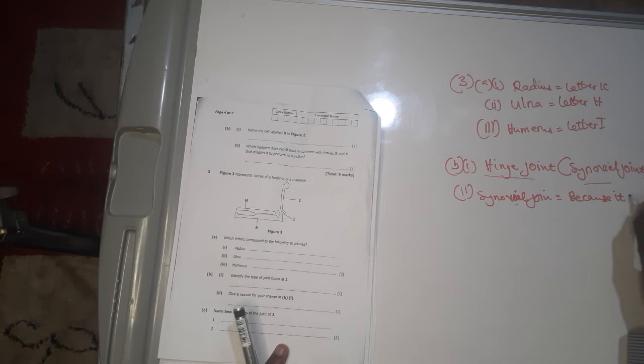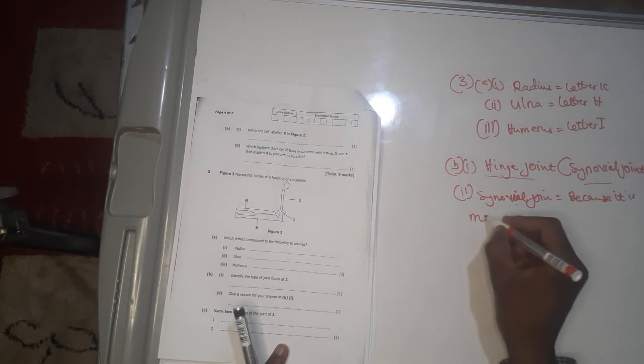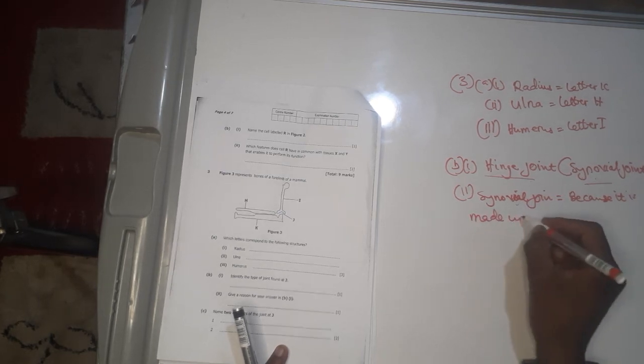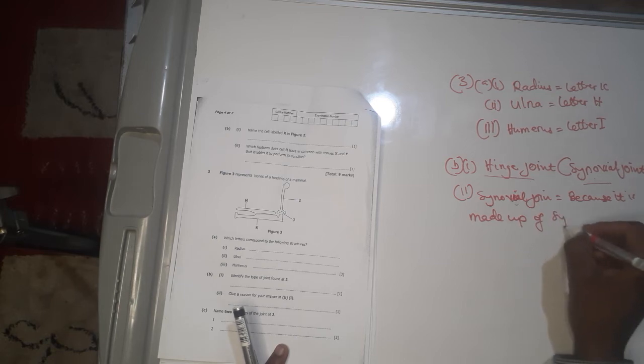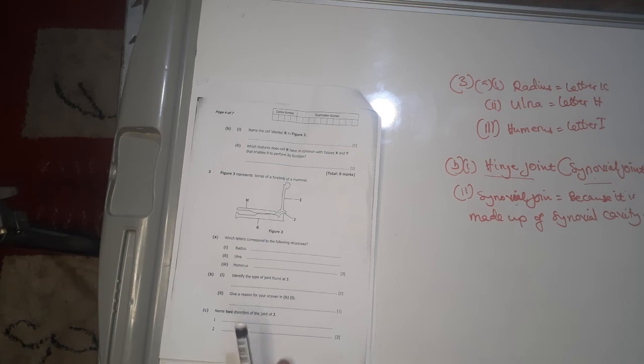Because it is made up of a synovial cavity or membrane. Synovial cavity surrounded by the synovial membrane. Okay, that is what is called a synovial joint.